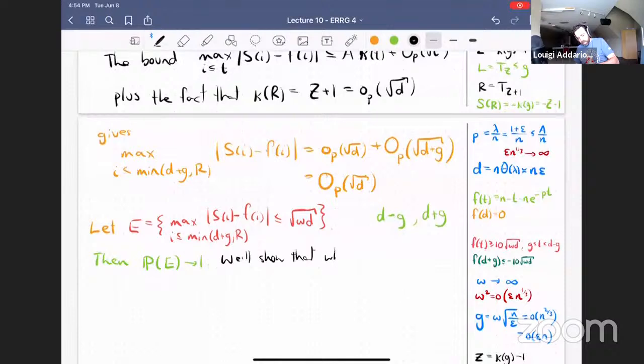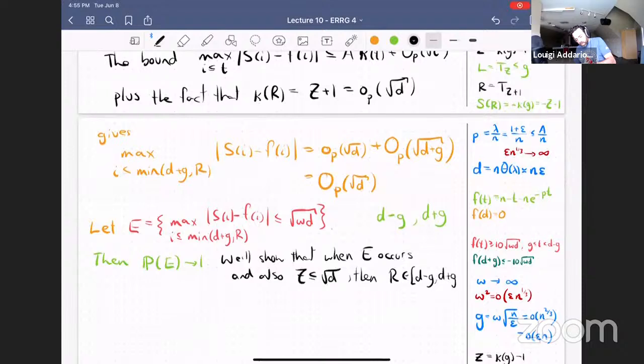Okay, and now we're going to show that when E occurs, and also z is at most root d, then r will fall in the interval d minus g, d plus g.